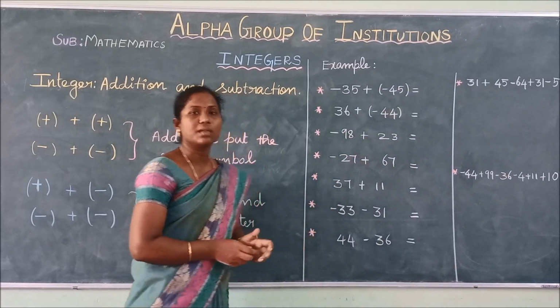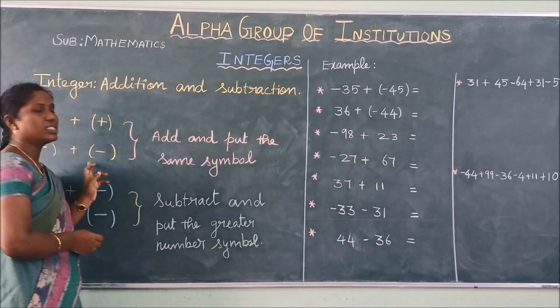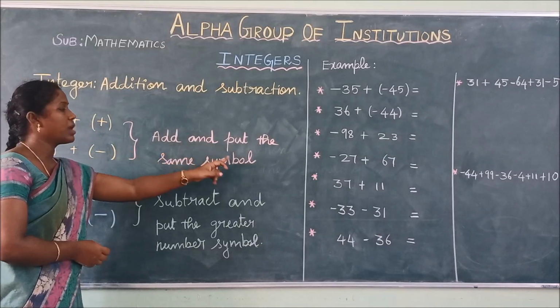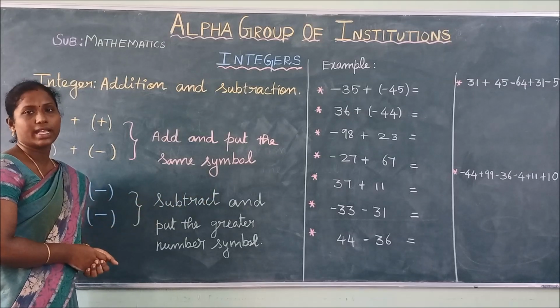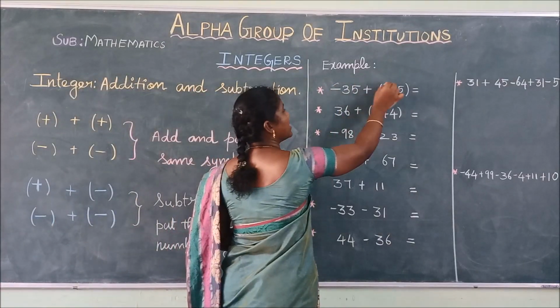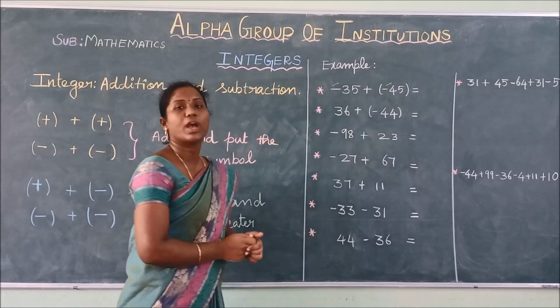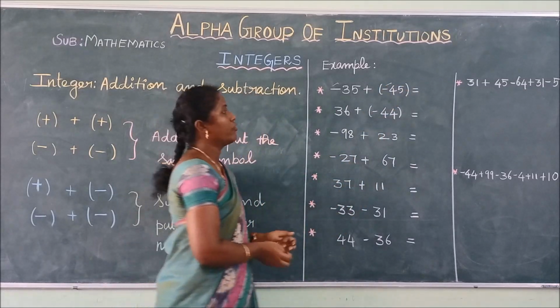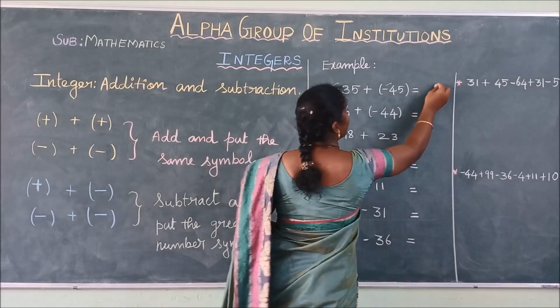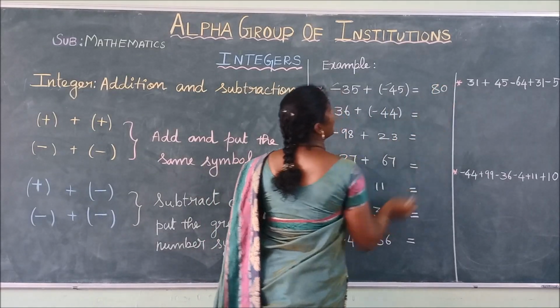If the numbers have the same sign, which rule do we use? This one: we have to add and put the same symbol for the answer. So we add the numbers. 35 plus 45 is 80.